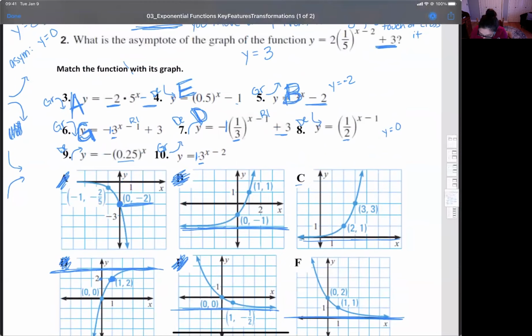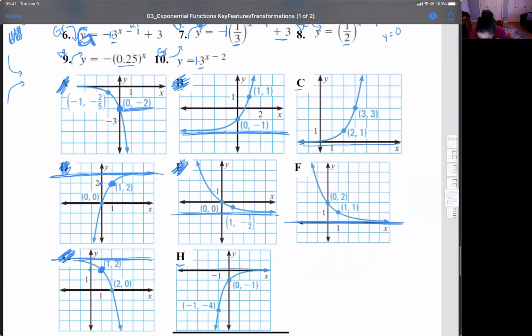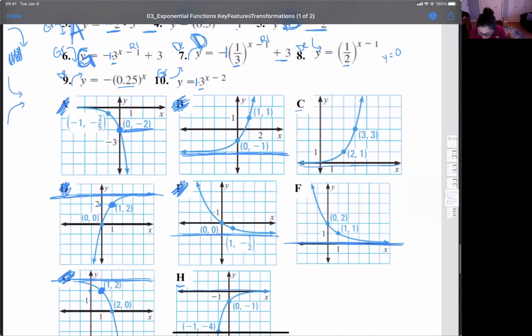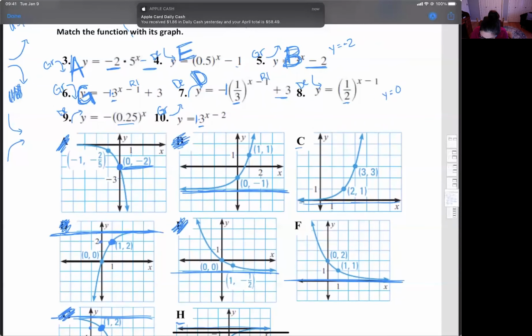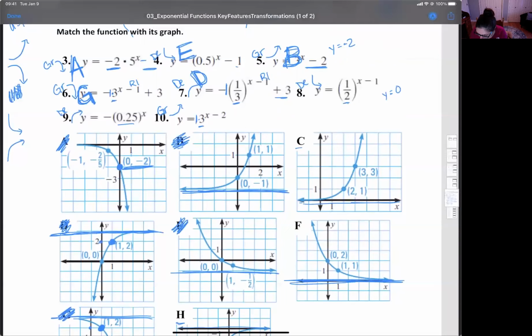Number 8 is decay, the original shape decay graph. So we're looking at F. And at this point, F is the only originally shaped decay graph of the ones I have left, but still a good idea to check its features. So for number 8, my asymptote is going to be at 0. So that's right here.